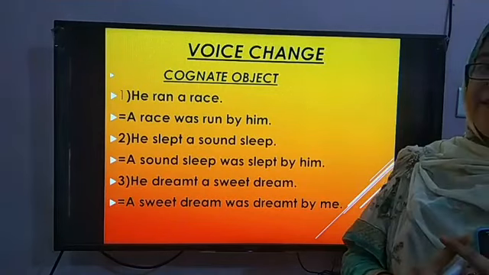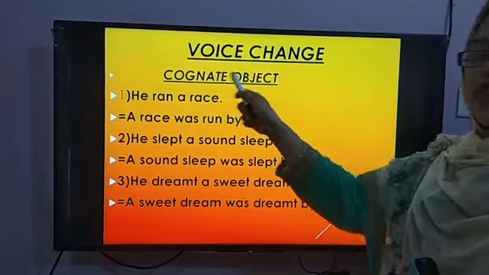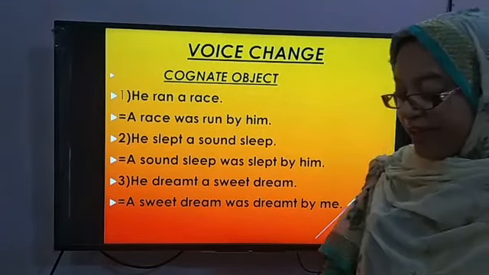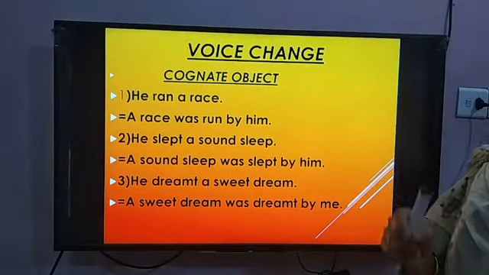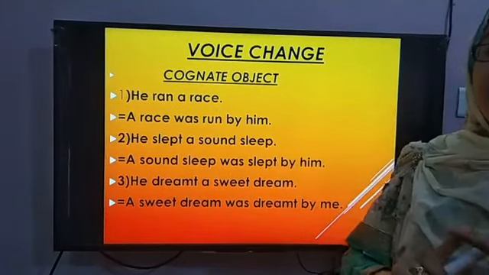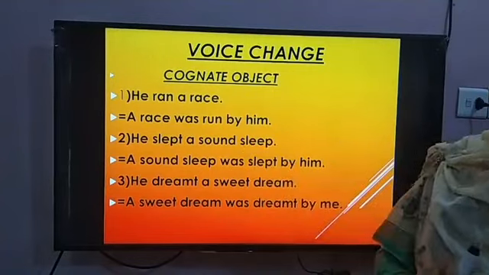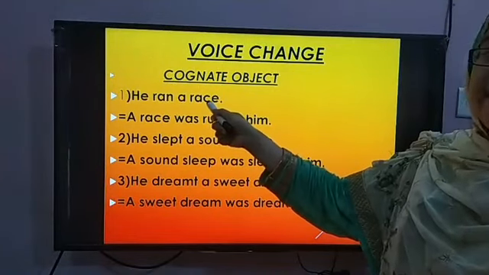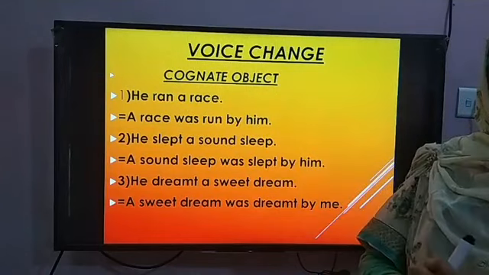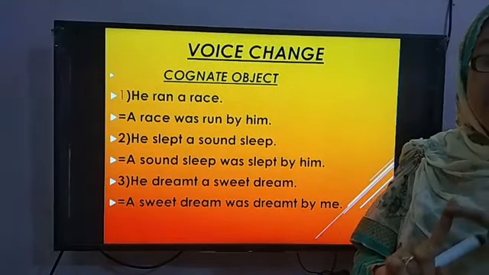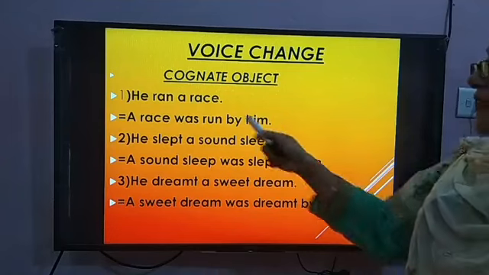Dear students, another one. Cognate object. What is cognate object? The word uses the noun as an object, but the meaning is similar to that of the verb. That is the cognate object.